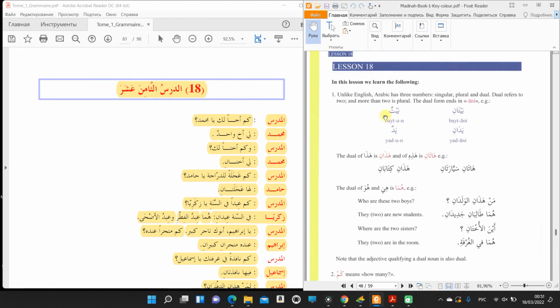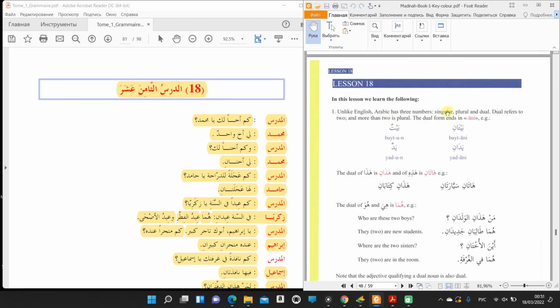And secondly, it was about the dual number, something that you have to get used to, because this concept of dual is not present in English in a way that it's present in the Arabic language. And I think there are no languages that are like the Arabic language when it comes to the dual number.